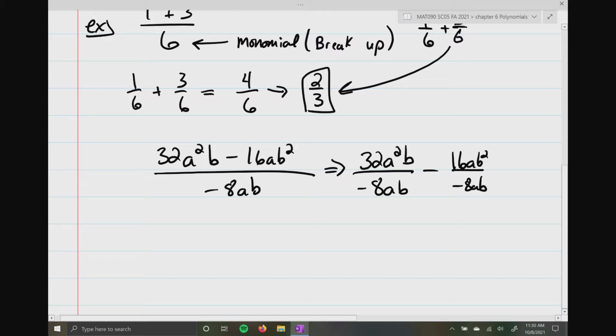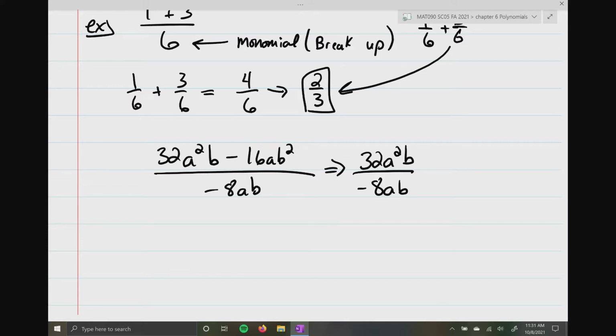Okay. So now, if you really think about this, everybody just watch the screen real fast because I'm going to do something real quick. If you really think about this, you have two problems. You have this one right here, 32a squared b divided by negative 8ab.